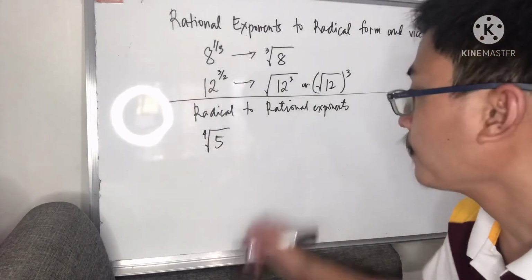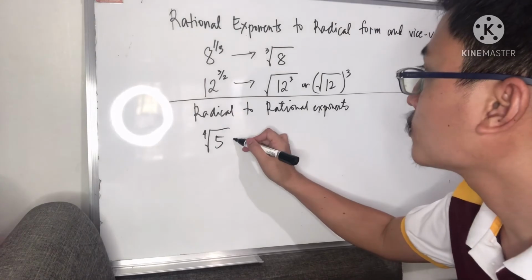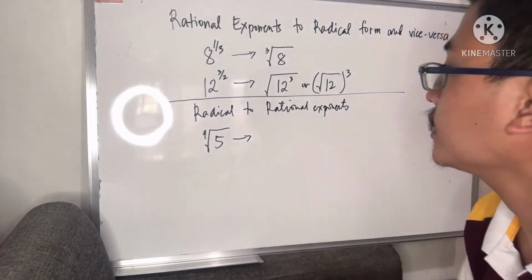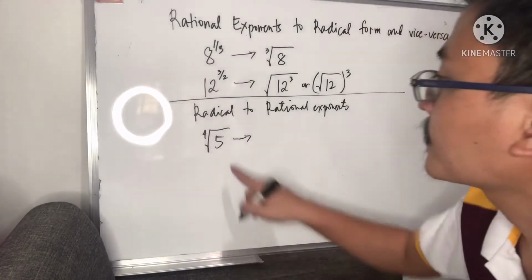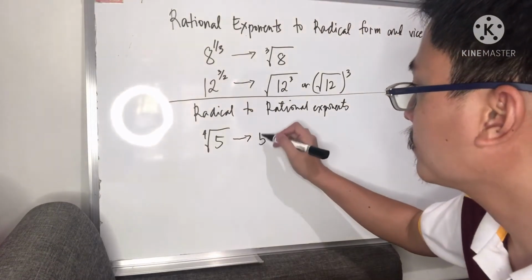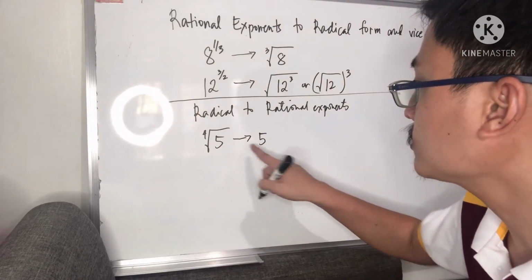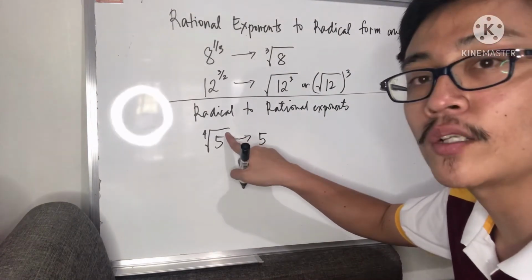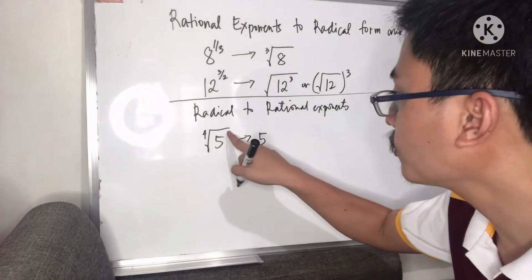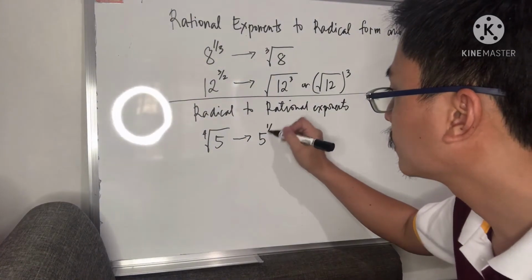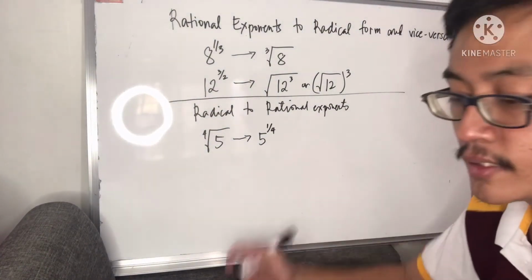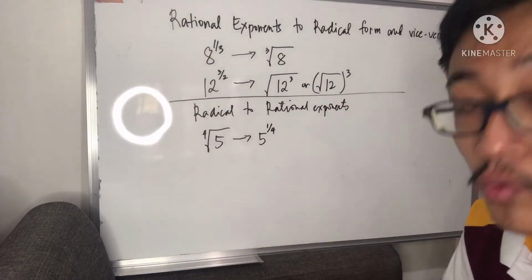Fourth root of 5. So, pag sinulat natin siya into rational, that is 5. Copy muna natin yung radicand or yung magiging base raised to, since walang number dun sa loob ng radicand na exponent, that is 1 fourth. So, the answer is 5 raised to 1 fourth.